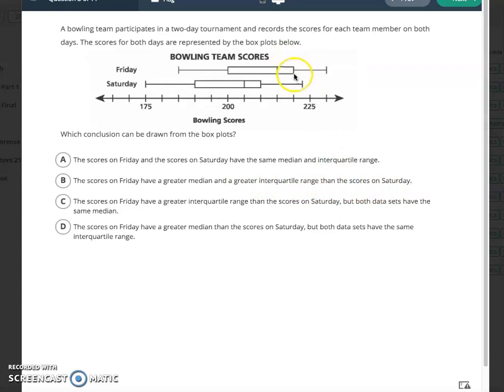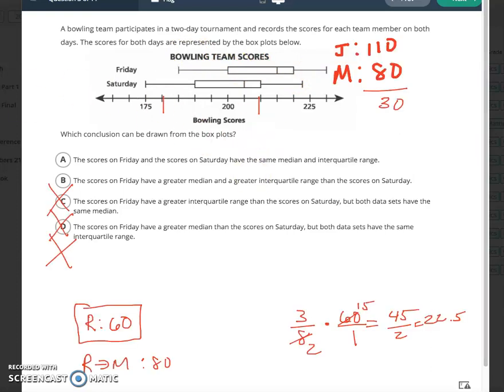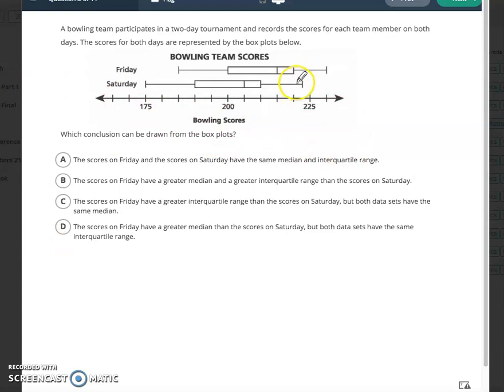So the interquartile range, remember, is Q3 minus Q1. So for Friday, Q3 is going to be 220. And Q1 right here is 200. So the IQR for Friday is equal to 20, because I just do Q3 minus Q1.